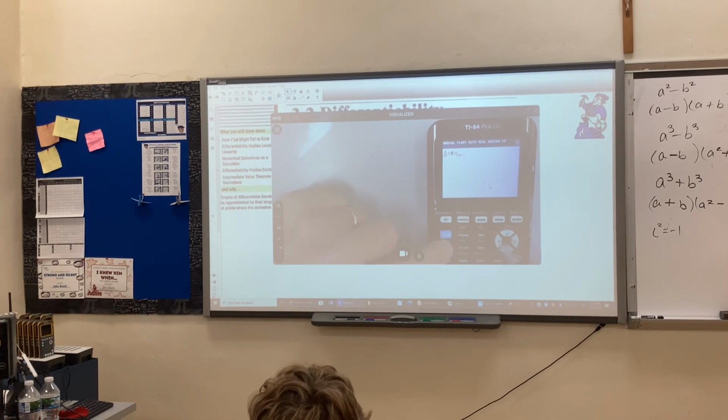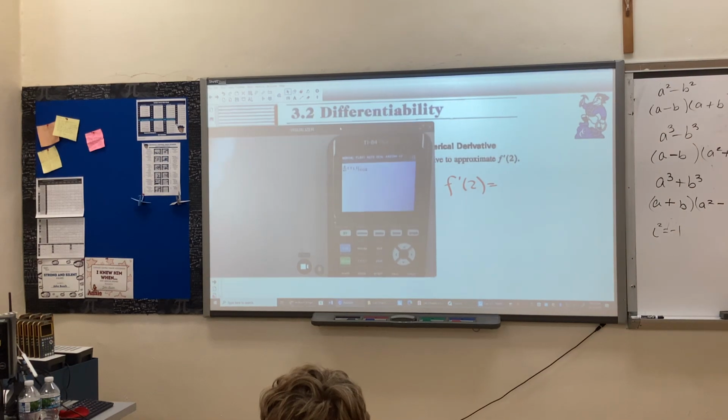Alpha trace gives you a shortcut to y1. And if we're evaluating the derivative at a specific number, like 2, we put the number 2 there. Press enter, you should get 12.